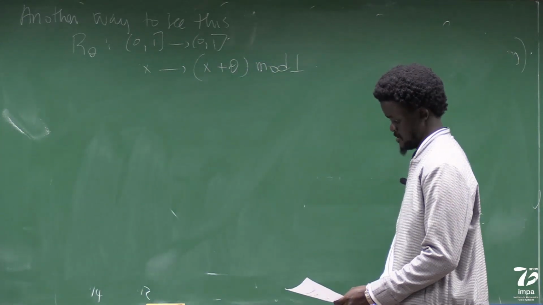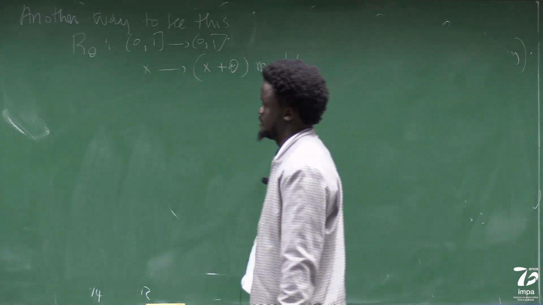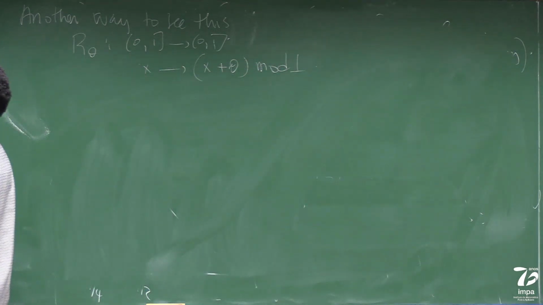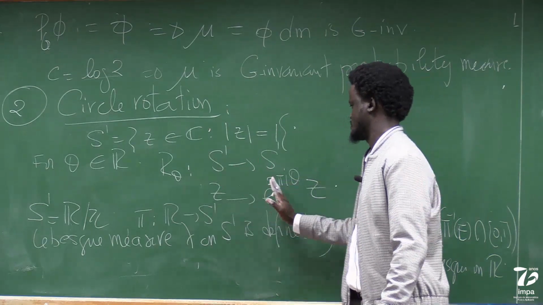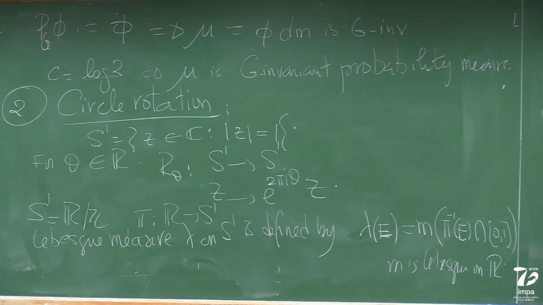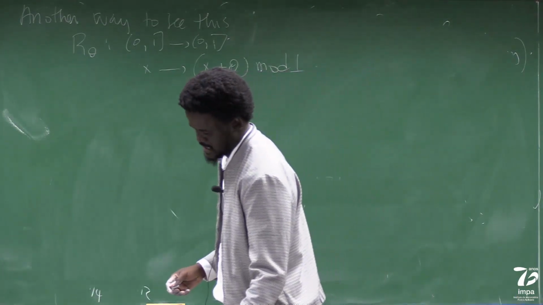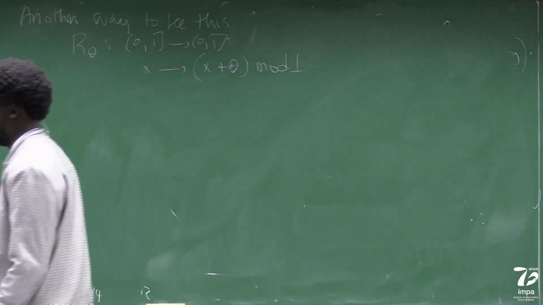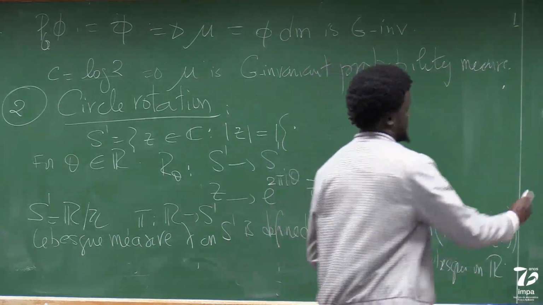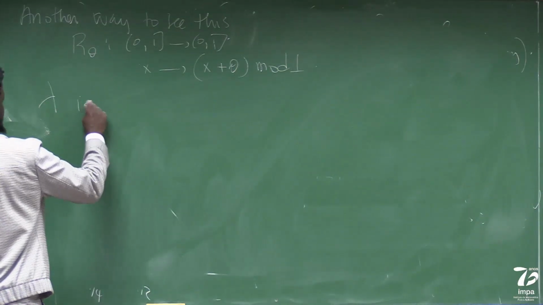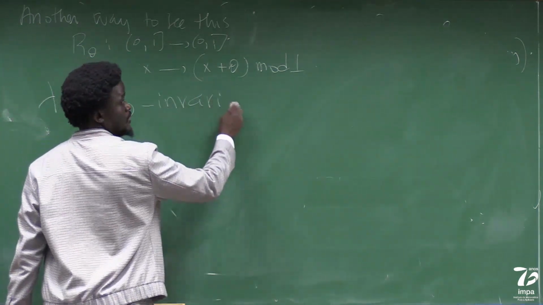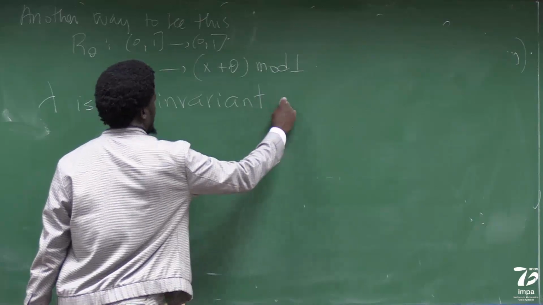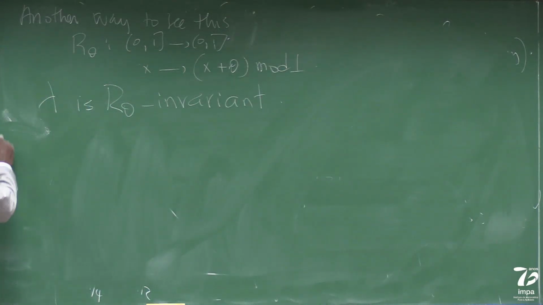Yeah, if you want to do it in a closed set without boundaries, this is a way to do it. But this is the same as the other one. So it is a translation, Lebesgue lambda is R theta invariant. So there is now this proposition.